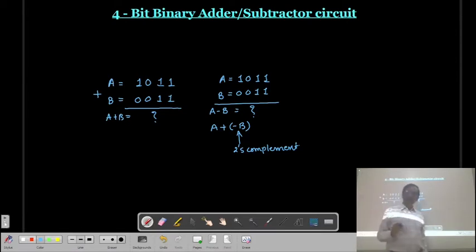So here we have common hardware for addition and subtraction of a 4-bit binary number, which we are going to discuss in this lecture. But before that, we will discuss how to perform subtraction using the 2's complement, and how to generate a 2's complement binary number.